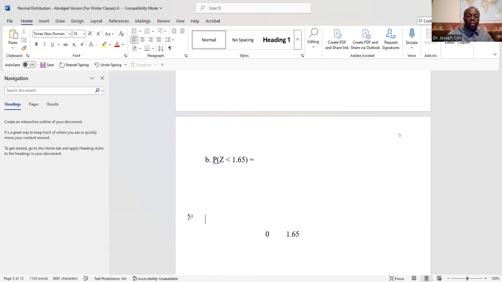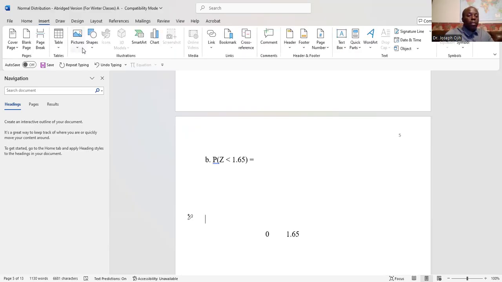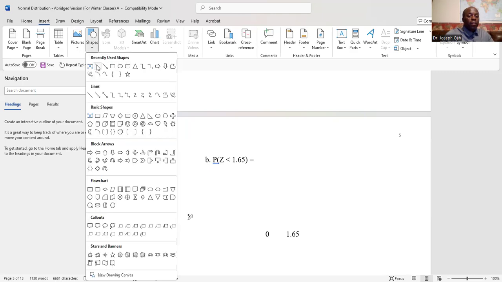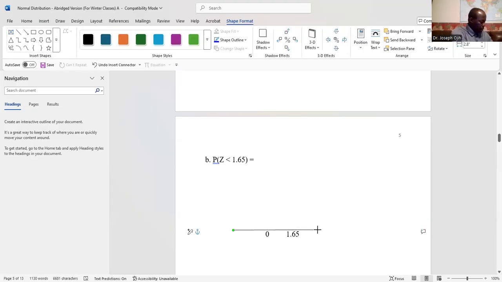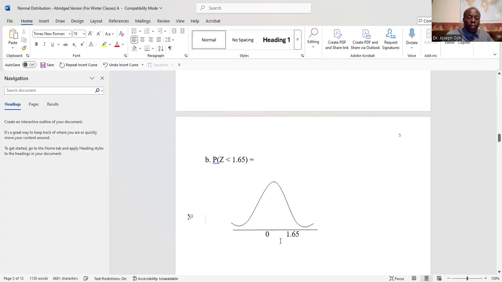Now you make your chart. I'm gonna go back a little bit. So you draw your chart here. Then put your normal bell curve. Of course, we can make some adjustments here.